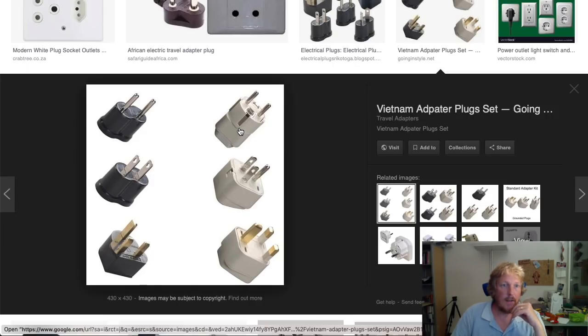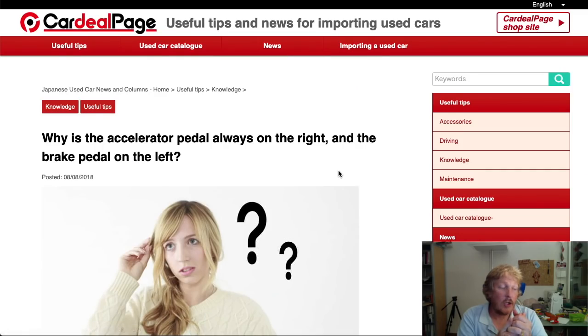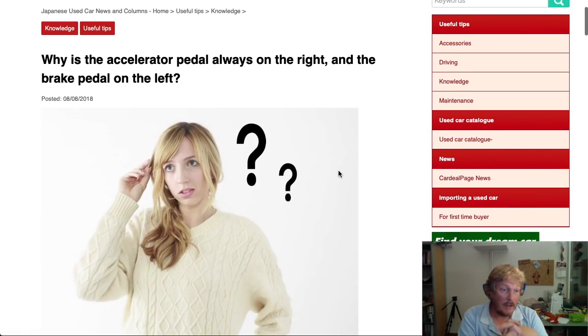Okay. Then in my video yesterday I used the example of the arrangement of the pedals, clutch, brake and gas in a car. And I said that it's a protocol, and actually it's not a written protocol. I did a little research and stumbled across that page.